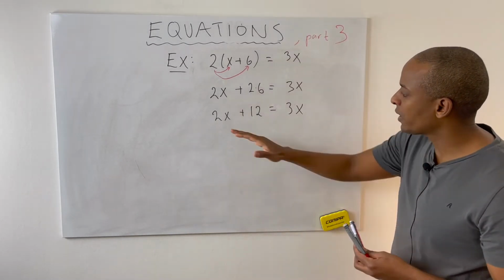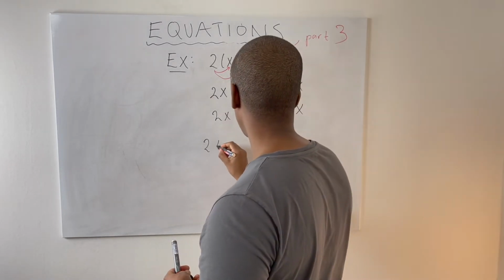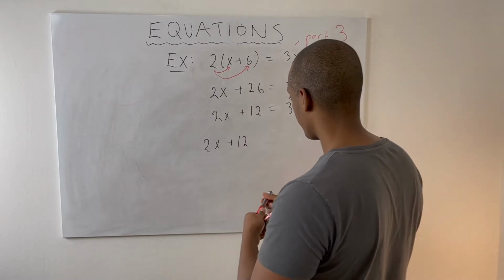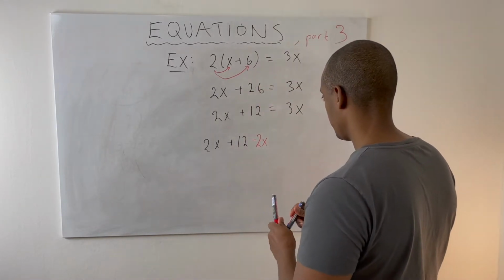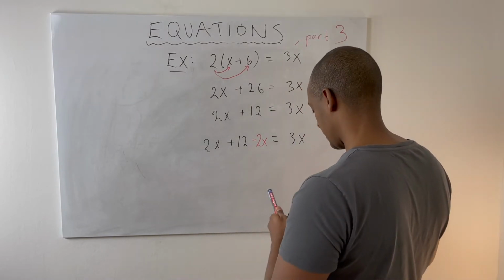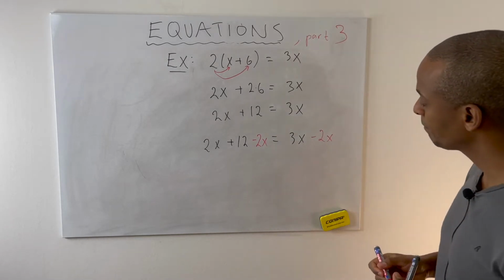Now we can subtract 2x on both sides. So we have 2x plus 12 minus 2x, and 3x minus 2x, okay?